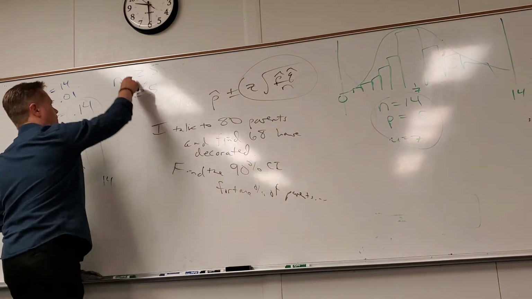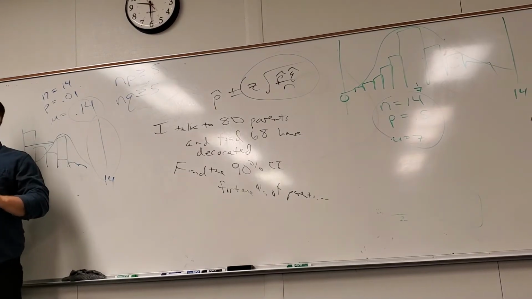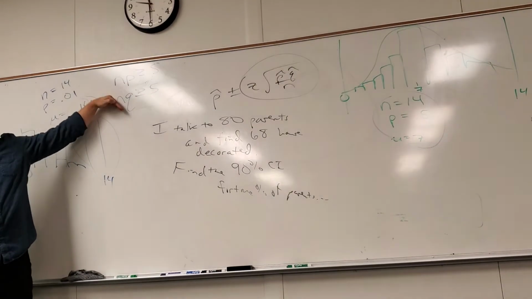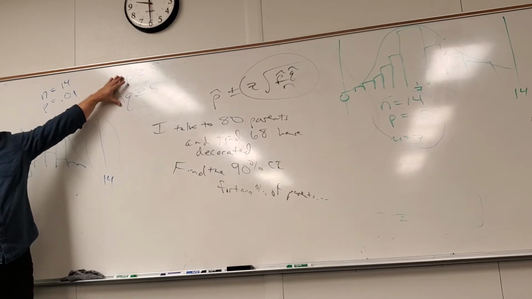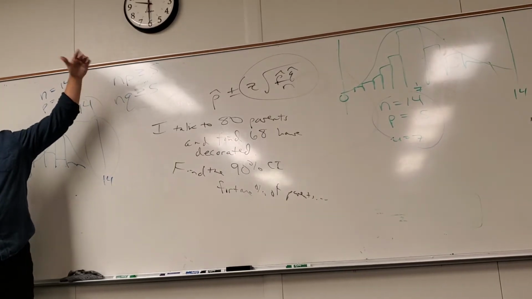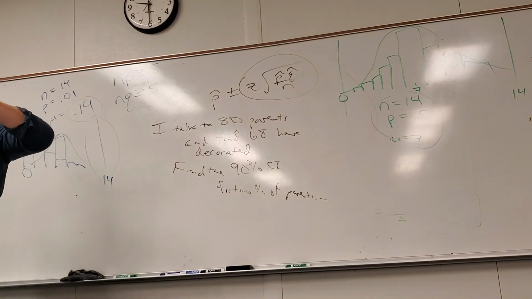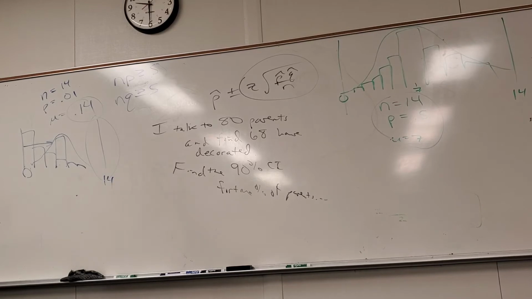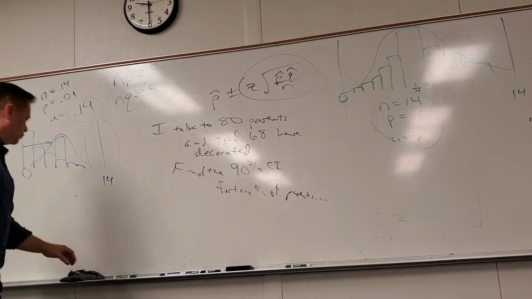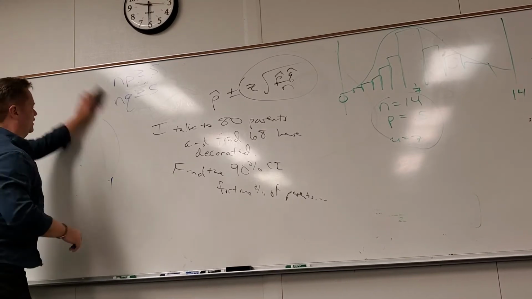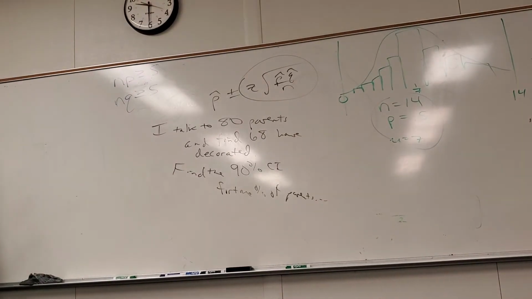That's what I check. Whatever the situation is, I check to make sure that these two things are true. This is in place of N greater than 30. That only works for means. This is for percentages. So if those two are true, then it's normal enough. Both have to be true? Both of them. One level of this is simply, where can I put the highest bar and it still can look normal?